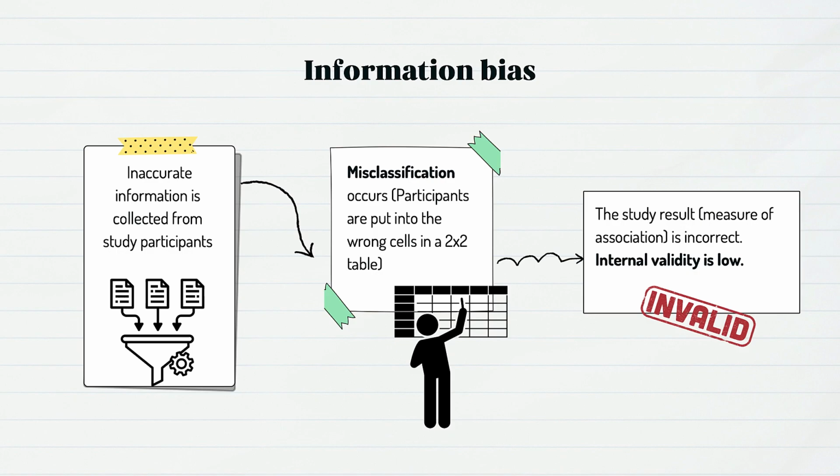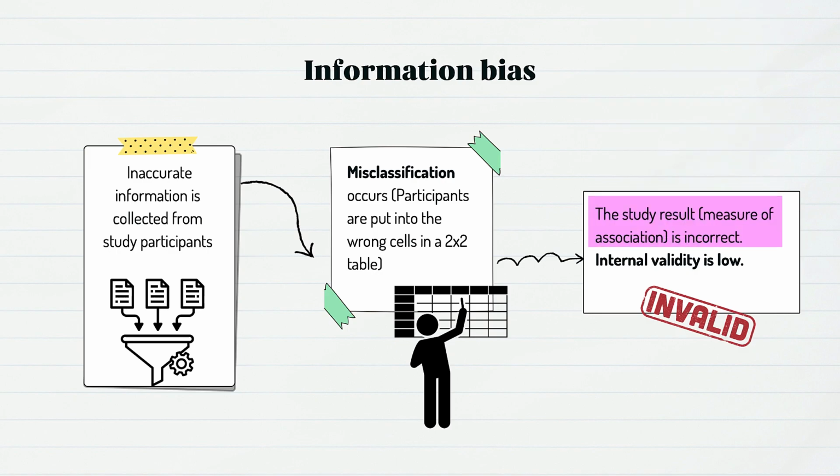Information bias, on the other hand, can only happen when the investigators are collecting information from study participants. The consequence of collecting inaccurate information is misclassification. That means participants are put into the wrong cells in a 2x2 table. So maybe they're classified as exposed when they're not, or maybe they're classified as having the outcome when they don't. When misclassification occurs, the result that is then calculated from that 2x2 table is inaccurate.